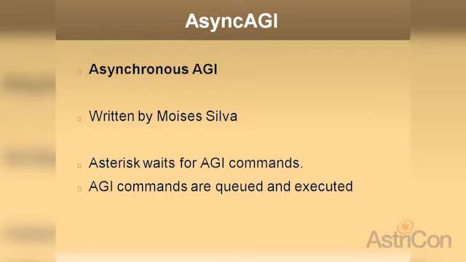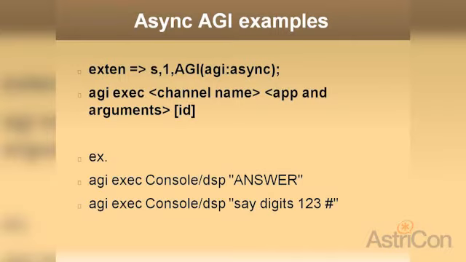The beauty of async AGI is that if it has nothing to do, your channel will remain on. So let's say I'm doing a stream file. I know the user won't hear anything, but at least the channel will remain on. Afterwards, if you want to do some stream file or record some file, that will be possible. Just a different way of writing AGI.